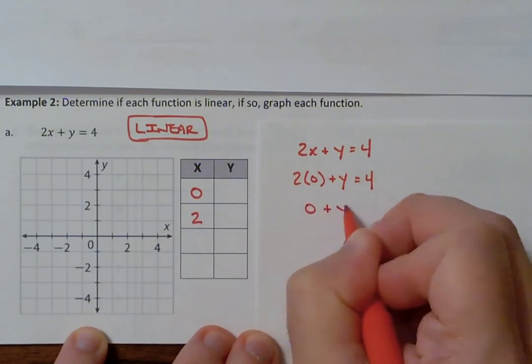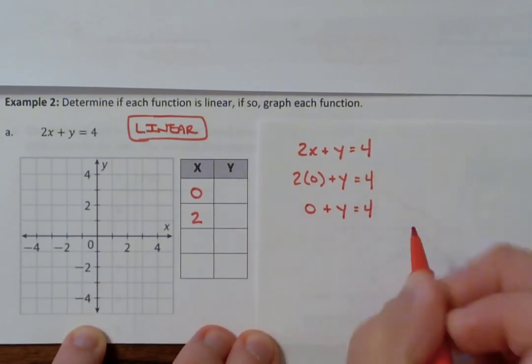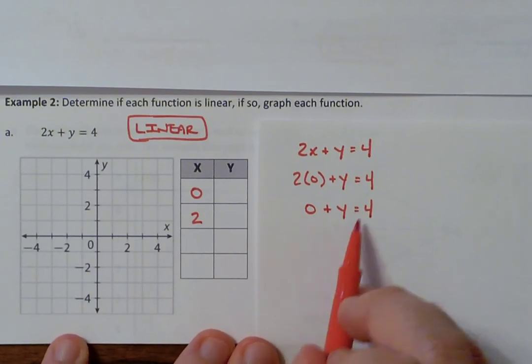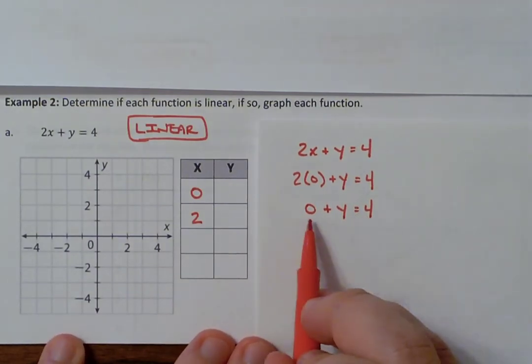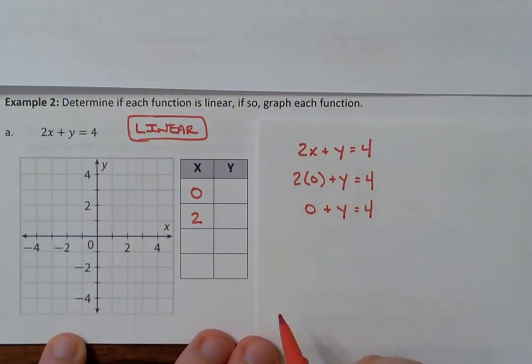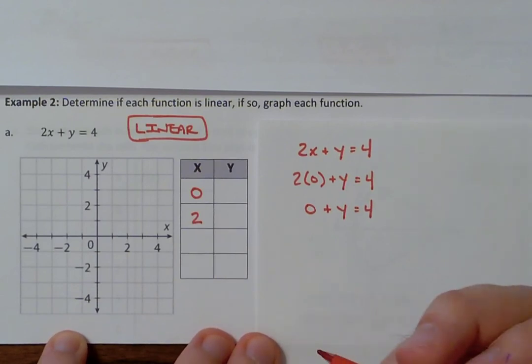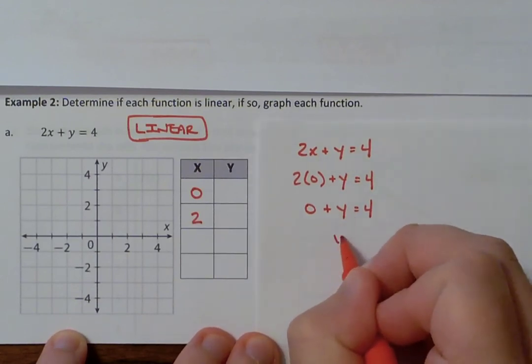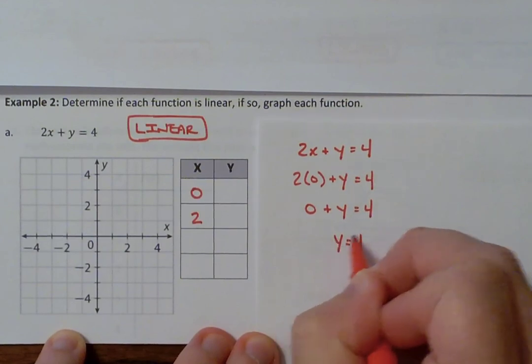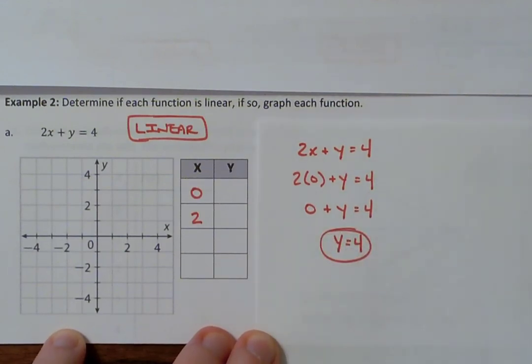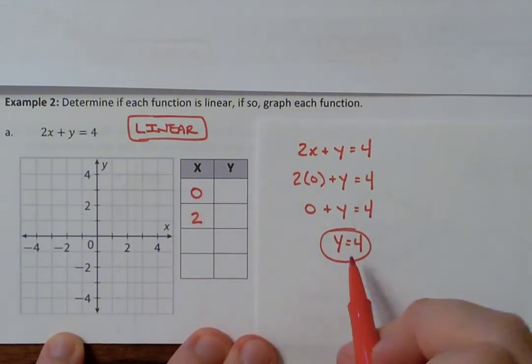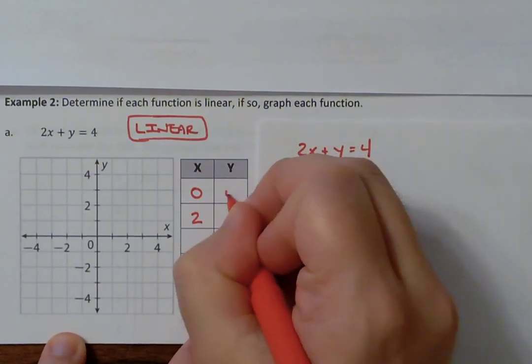So I have 0 plus y equals 4. And I can subtract the 0, or I can just imagine the fact that 0 goes away, because anything plus 0 is itself. So that means I end up with y equaling 4. So when x is 0, y equals 4.